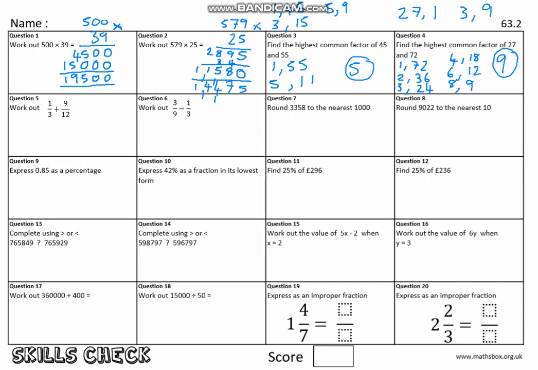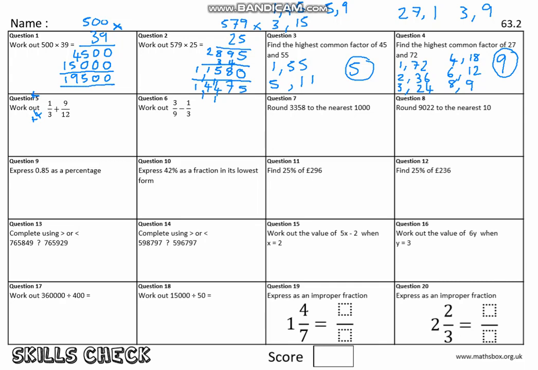So we've got some adding fractions. So with this one, like last week, instead of timesing the bottom two numbers together to get a common denominator, we're going to see if we can see a relationship between the two numbers. So we've got 3 on the bottom of the first one and we've got 12 on the bottom of the second one. So how can we get from 3 to 12 using multiplication? Well, if we times 3 by 4, we're going to get to 12, aren't we?